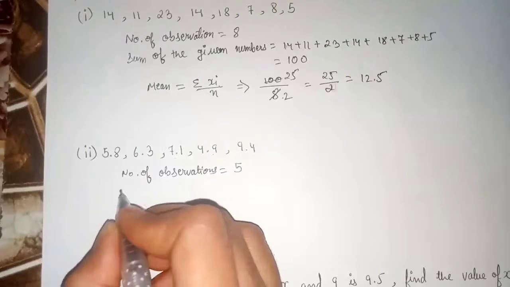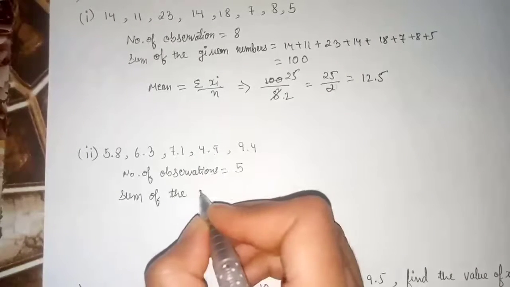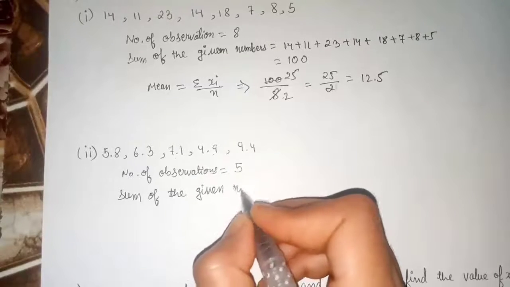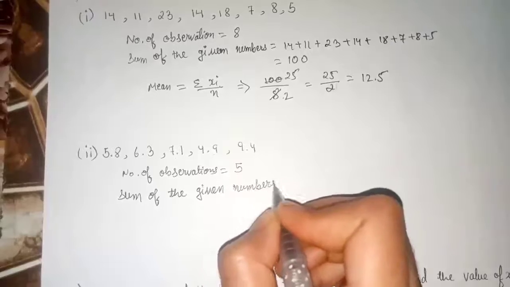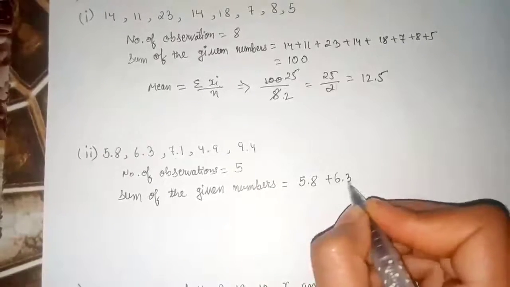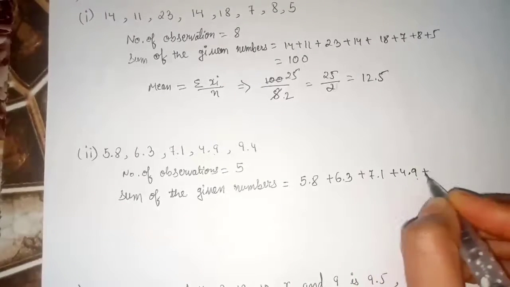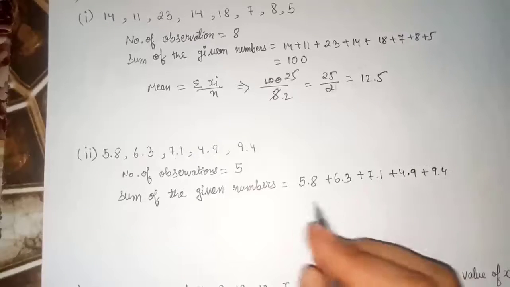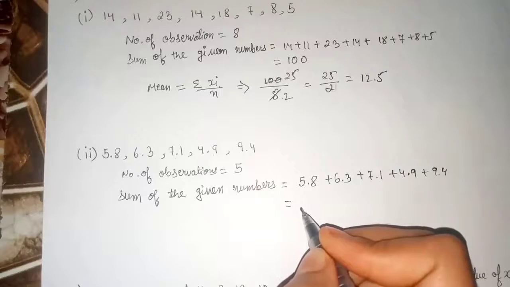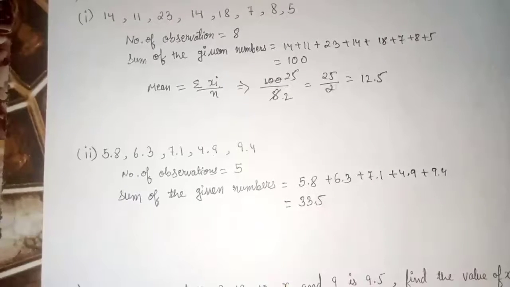Then sum of the given numbers. Sum of the given numbers equals 5.8 plus 6.3 plus 7.1 plus 4.9 plus 9.4. When you add up all this, the answer will be 33.5.